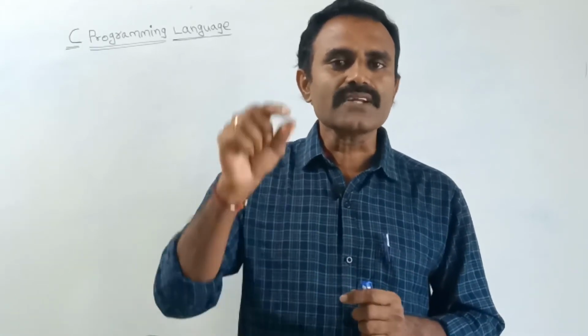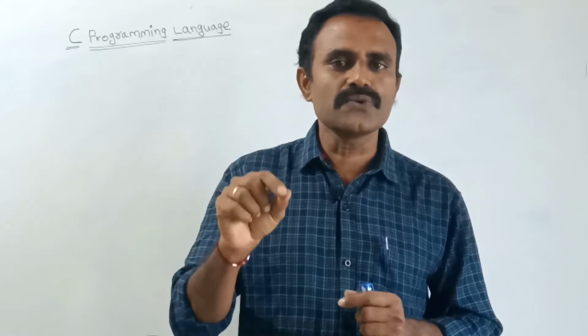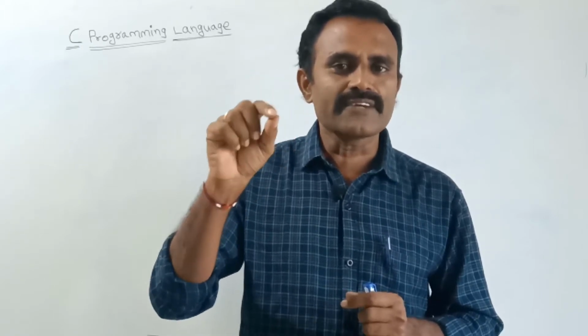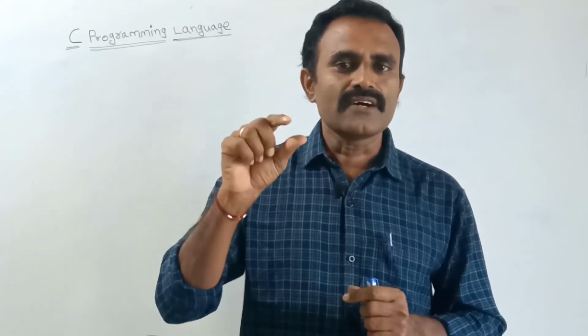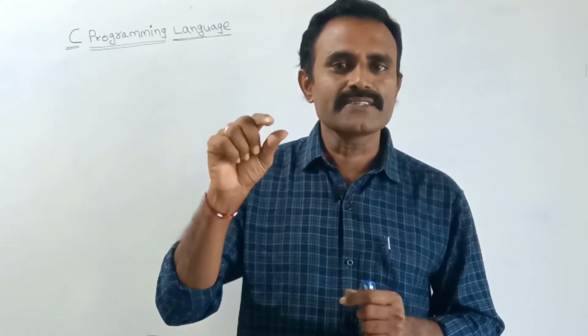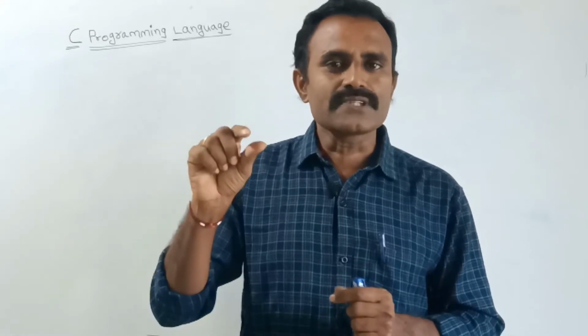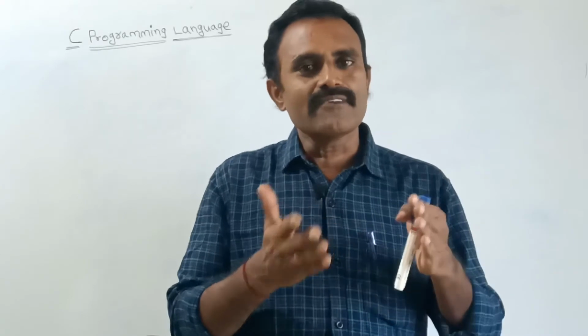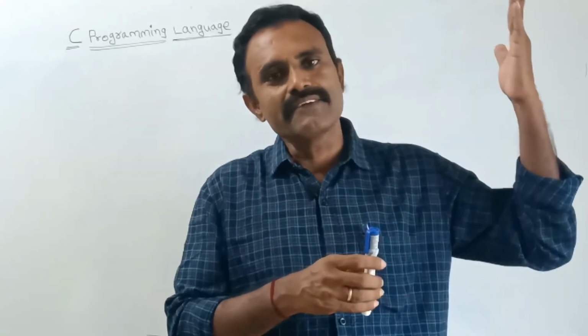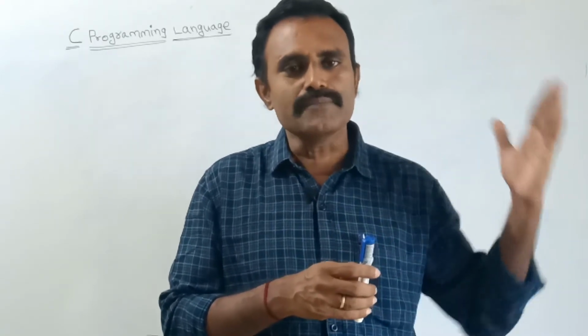So Dennis Ritchie decided to develop a language for fast execution, and another main thing, it should fully support the system side. So he developed the C programming language. The C programming language was inherited from, and developed with the help of, the previous languages BCPL and B.